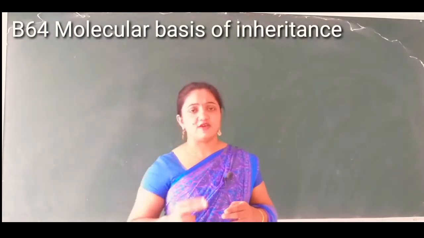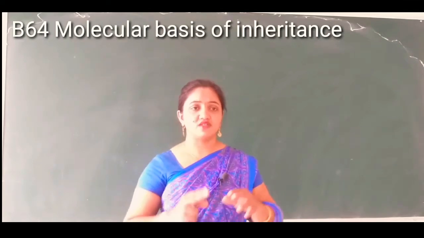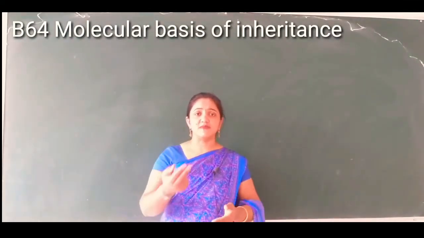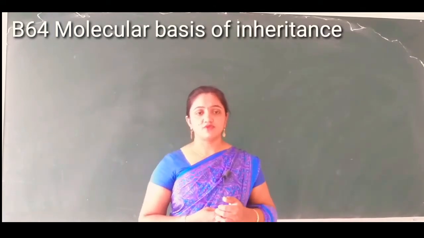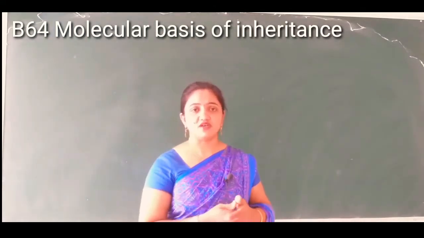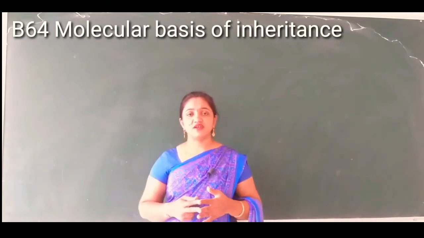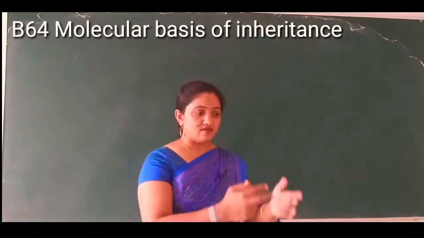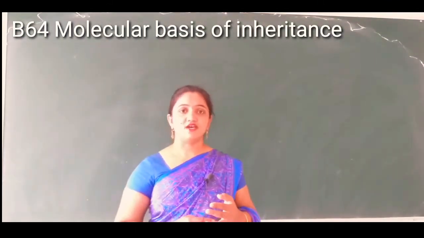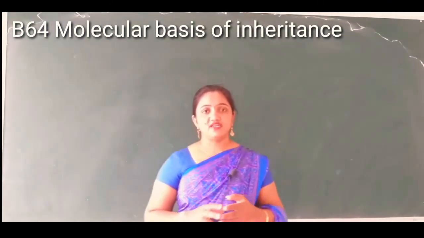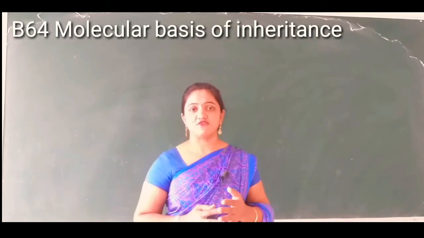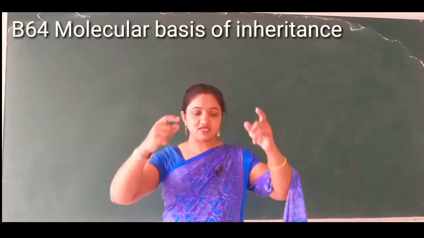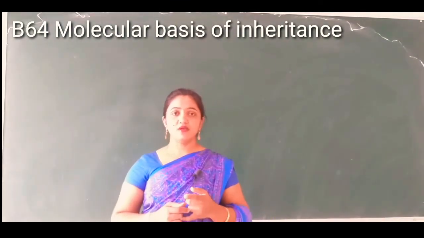Adenine pairs with thymine, guanine pairs with cytosine, and a number of repeated sequences makes up the gene. So the US Department of Energy and National Institute of Health planned to identify the total number of genes, their functions, and how many base pairs are present in a human body.